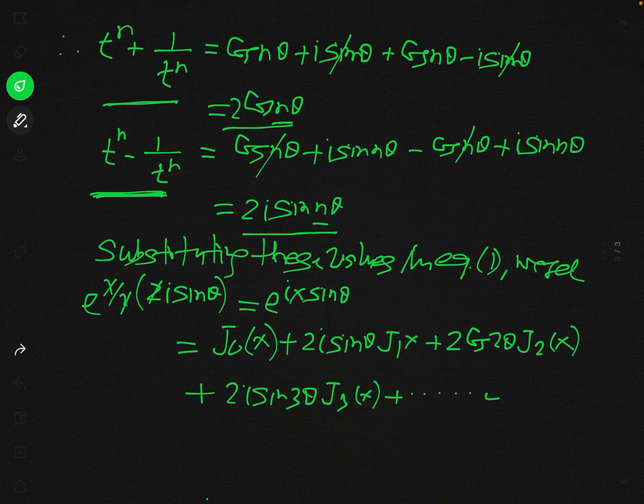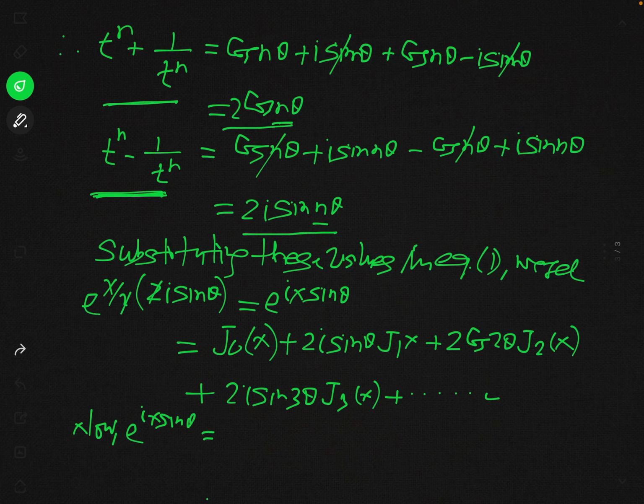So now we arrange these terms in a particular manner, containing all the real terms jointly and all the imaginary terms jointly. But first of all, you can write e raised to the power ix sine theta.